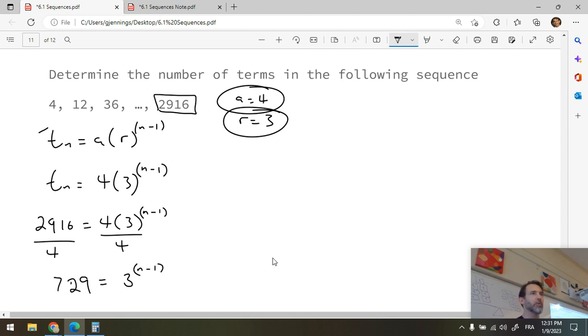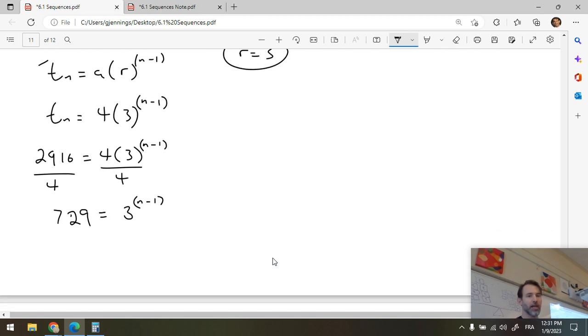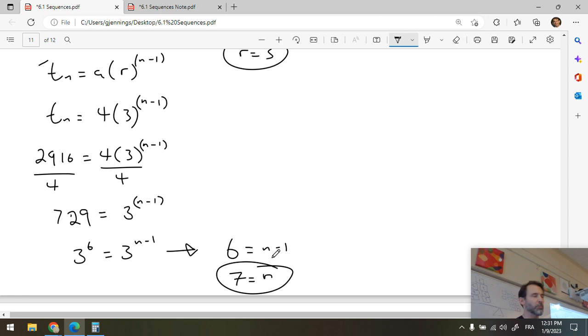You can solve this by changing the base. If you remember that 729 is 3 to the 6, then 3 to the 6 is the same thing as 3 to the n minus 1.